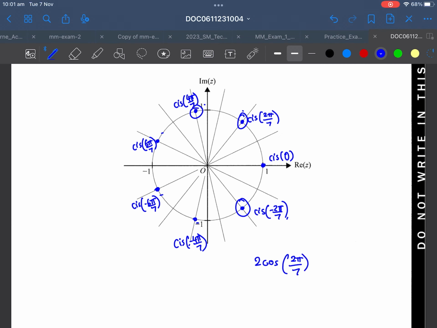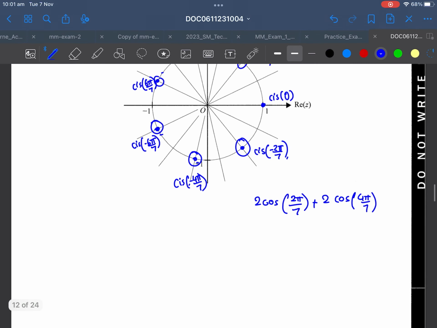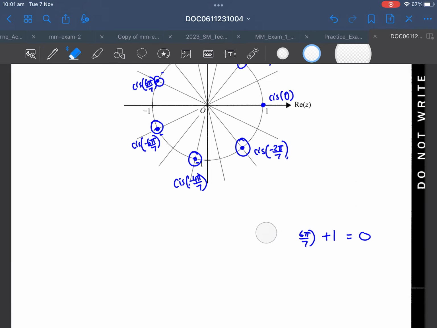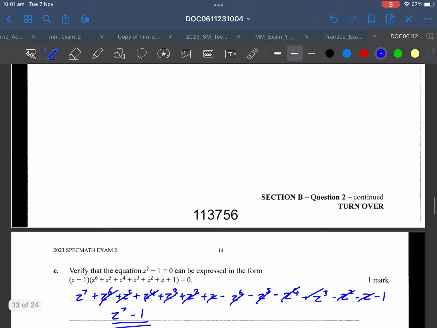If I were to add this and this up, I'll probably get 2 cosine of 4 pi on 7, and adding this and this up will give me 2 cosine of 6 pi on 7. And then of course we have that one root, so plus 1 equals 0. So basically, okay, I think I have the idea.